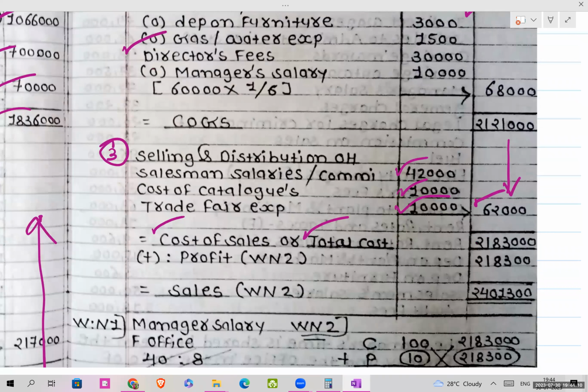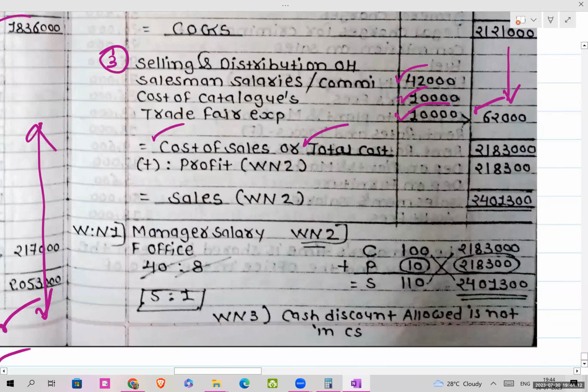ठीक है, अब आपको you can, since it is your first sem, you can put such working notes of co-manager salary wala. It has to be distributed between factory and office. Okay, so ये मेरा ratio आया था ना 5:1 का. And another thing that you have to keep in mind is वो जो आपको बोला है, profit is 10% on cost.